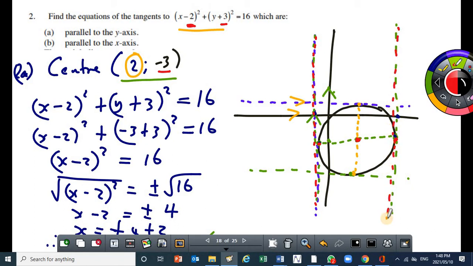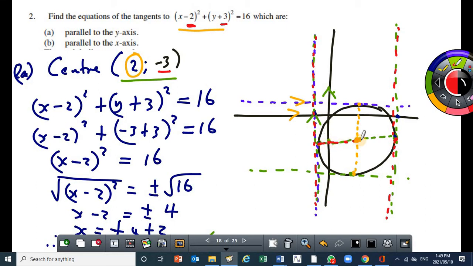Which means we can draw two tangents to this circle, and those two tangents will be parallel to the y-axis. Therefore, if we want to find the equations of the two tangents, we substitute the value here of y. The value of y here is going to be a common value for both of them. And that value is going to be the value of y at this point here.